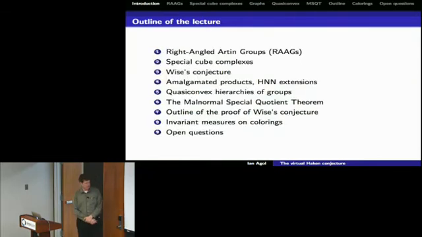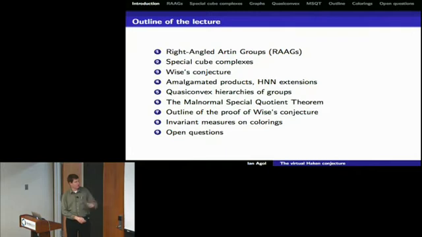So the plan for the talk is to discuss right-angled Artin groups, which I discussed a little bit yesterday, and then special cube complexes, and then I'll have all the definitions needed to describe Wise's conjecture. Then we'll discuss a little bit more geometric or combinatorial group theory, and I'll state the key technical result of Wise that I use in actually proving his conjecture, which is called the malnormal special quotient theorem.